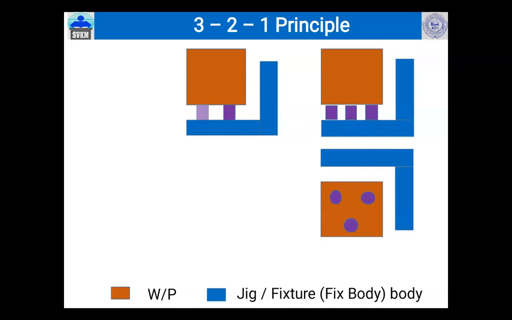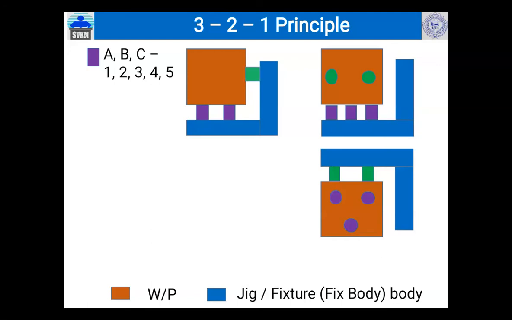Now we add 2 more pins from the side. After adding 3 pins A, B, C, we can restrict motion 1, 2, 3, 4, 5, that is X clockwise, X anti-clockwise, Y clockwise, Y anti-clockwise, and Z downward.